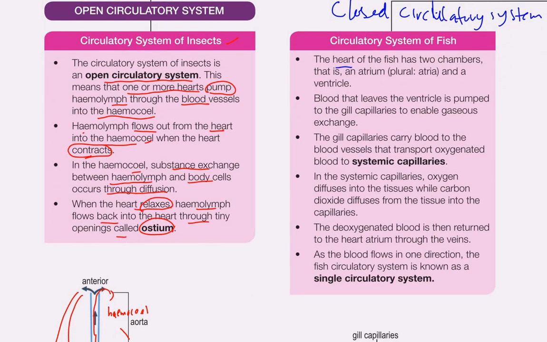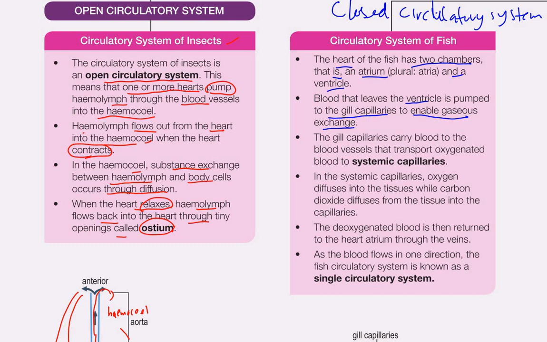The heart of the fish has two chambers, that is an atrium and a ventricle. If plural, more than one, it is known as atria. But for fish, we have only one, known as an atrium and a ventricle. Blood that leaves the ventricle is pumped to the gills capillaries to enable gases exchange. Still remember the gases exchange that occurs in the gills in the previous topic.